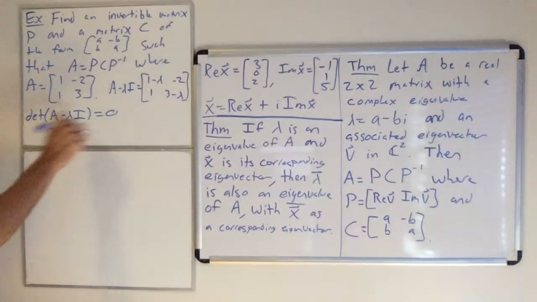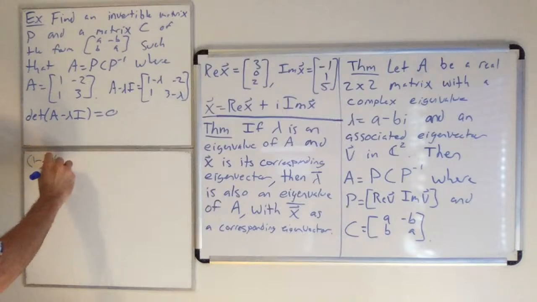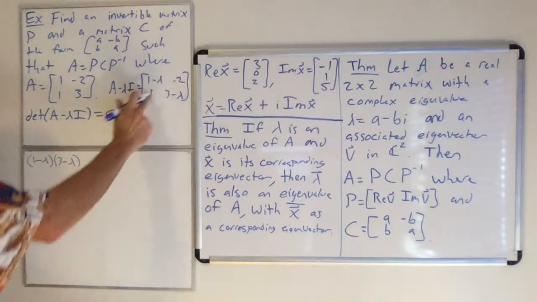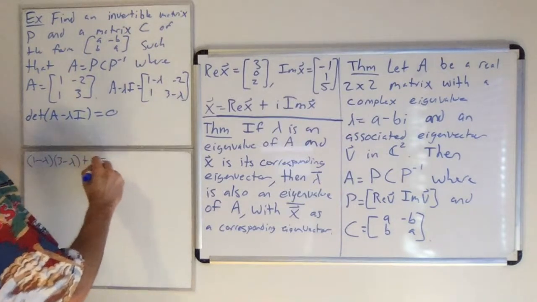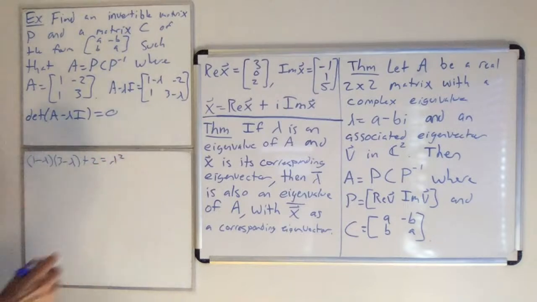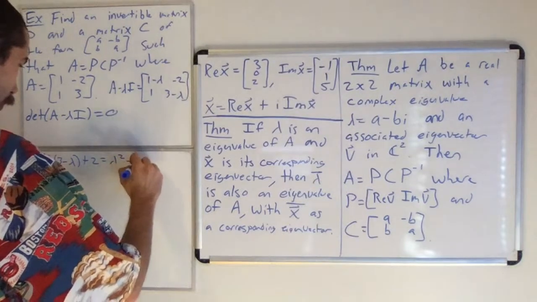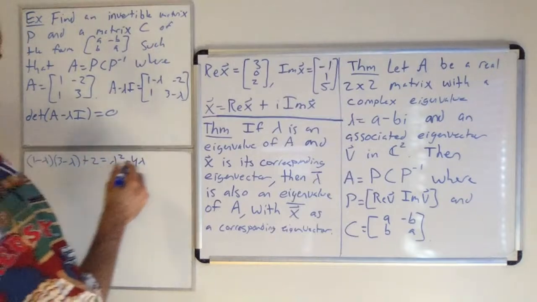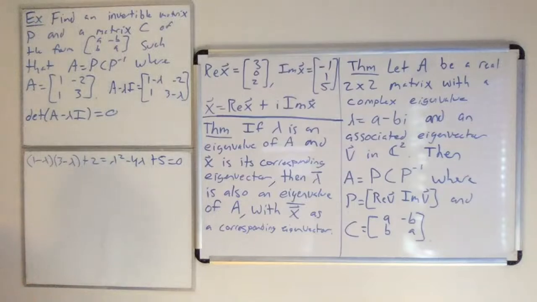So its determinant is 1 minus lambda times 3 minus lambda minus negative 2, so plus 2. Which is lambda squared minus 4 lambda plus 5. We want to set it equal to 0.